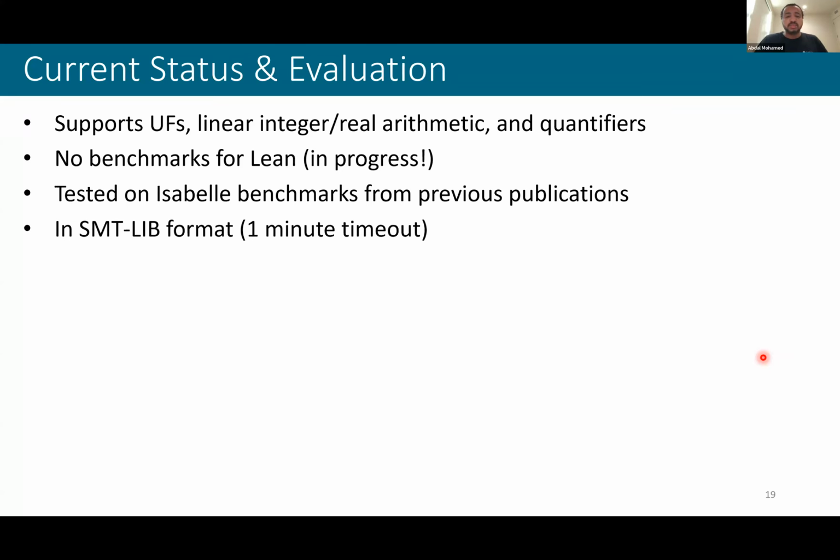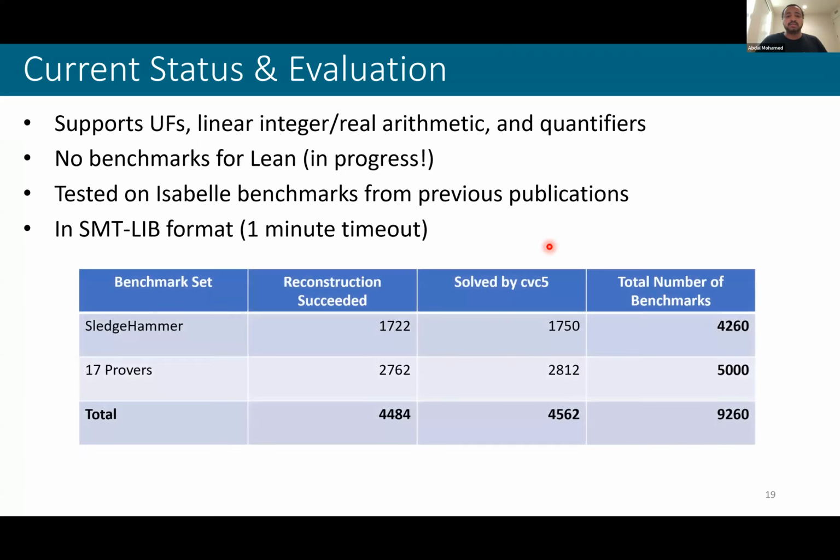So what we evaluated the tactic on is the Isabelle benchmarks that are available from other publications. Those benchmarks, of course, we can't deal with if they're in Isabelle, so instead we deal with the SMT-LIB version of those benchmarks that was generated using Sledgehammer with a 1 minute timeout, to just get an idea of how good the tactic is in terms of reconstruction. And this is some of the results that we have. Here you see the total number of benchmarks.